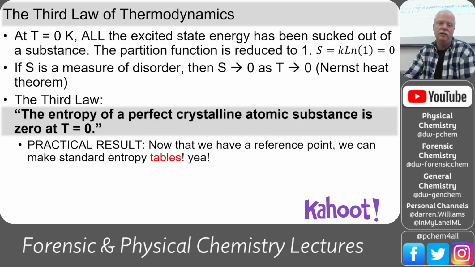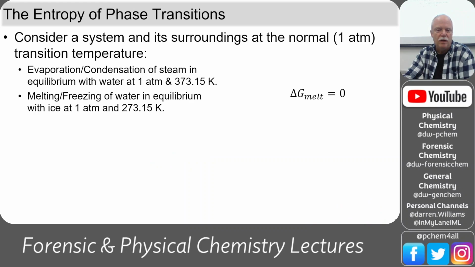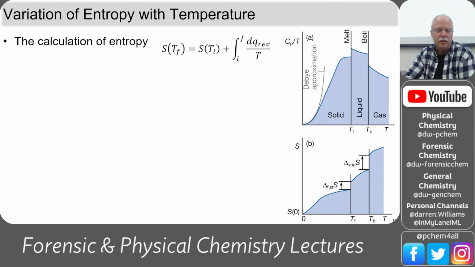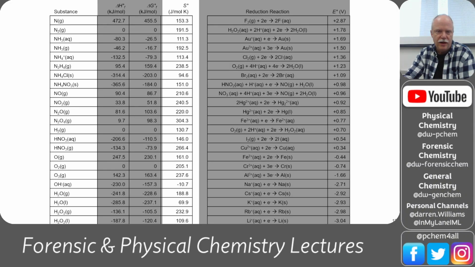The practical result is that we have a reference point, and since we have a reference point, we can make standard entropy tables. Let me just jump ahead to the tables, because that's the point here. So we have these standard entropy tables, and we can look up the standard entropy for all of these substances, whether it be ammonia gas here, or hydrogen or oxygen.